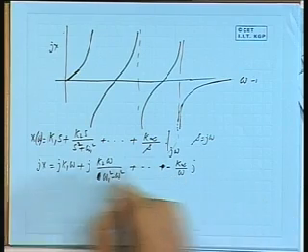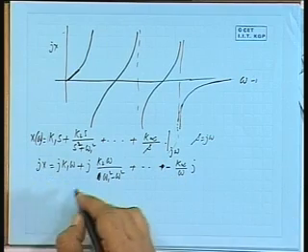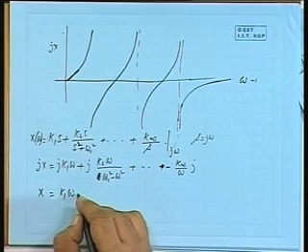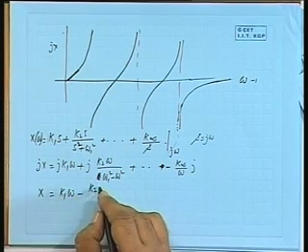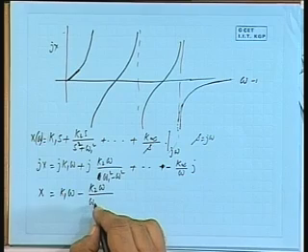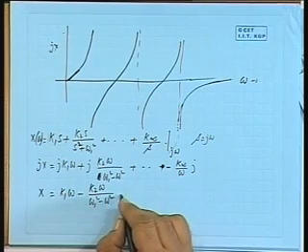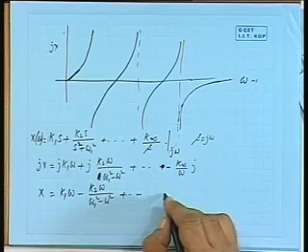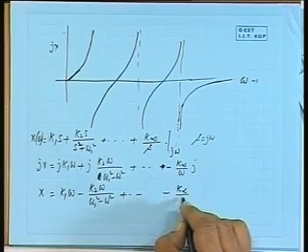Now, j will be cancelling with this. So, X is given by k1 omega minus k2 omega by omega 1 squared minus omega square plus similar terms k2, k3 etc., and minus k infinity by omega.